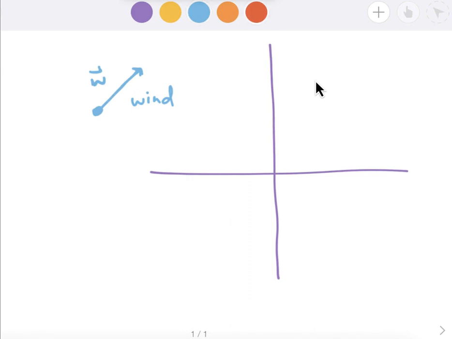Let's say if the wind was going 3 miles an hour, or let's say 5 miles an hour, we would draw this so that the vector has a magnitude or a length of 5, right? The magnitude of the vector is representing essentially the force of the wind. If the vector is long, I've got a greater force. If the vector is short, I've got a shorter force.